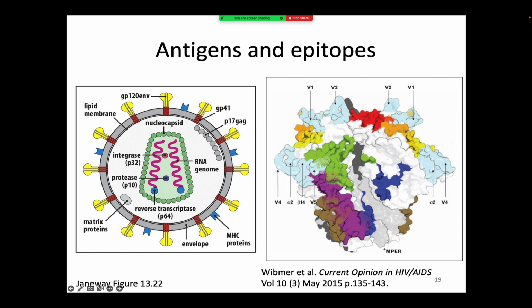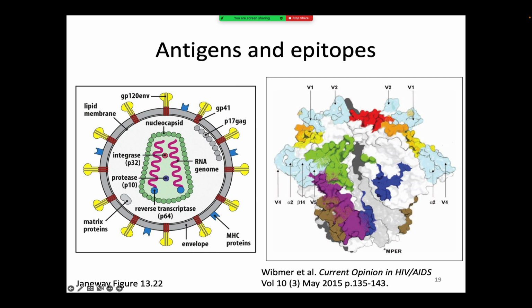If we zoom in on just one of them, which is this GP120 thing that you can see here in yellow, you come over here. These are all different epitopes that people have mapped in just GP120. And we could go through every other part of this virus and map epitopes.